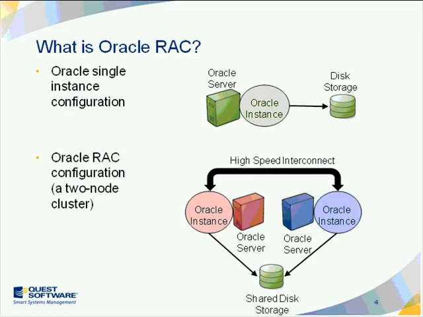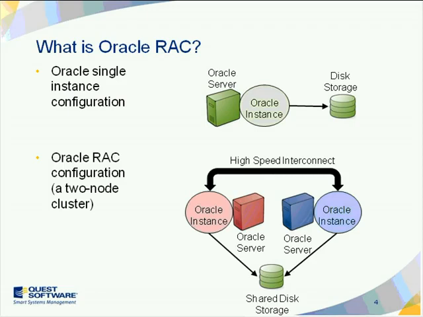So the top graphic represents a typical Oracle single instance configuration that I guess all of you are familiar with. We have an Oracle server which is hosting an instance and also hosting disk storage, and that whole configuration is typically referred to as a single instance configuration. The problem with this configuration is, of course, you have a single point of failure, because if the server goes down, then the database goes down. And this is one of the reasons people consider moving to RAC.